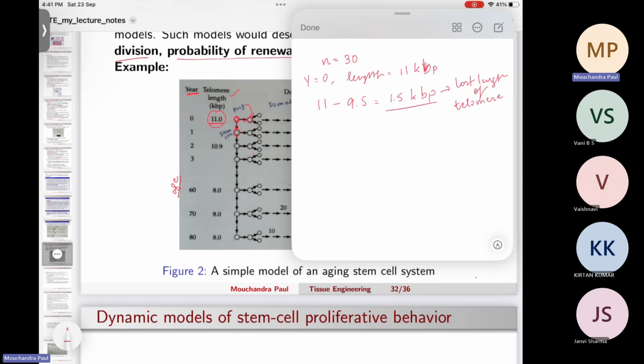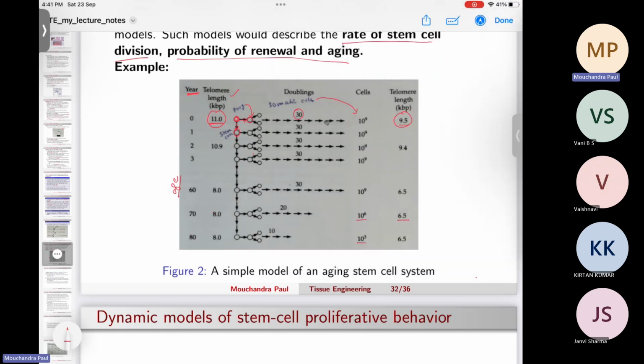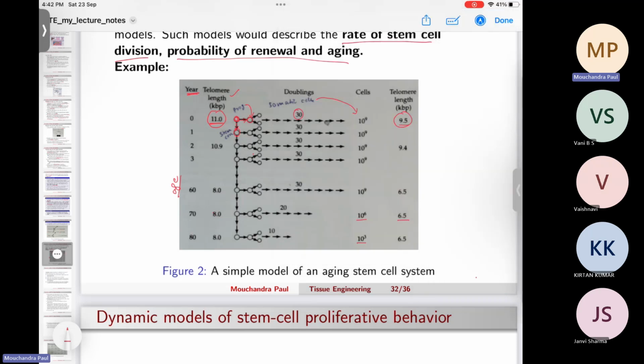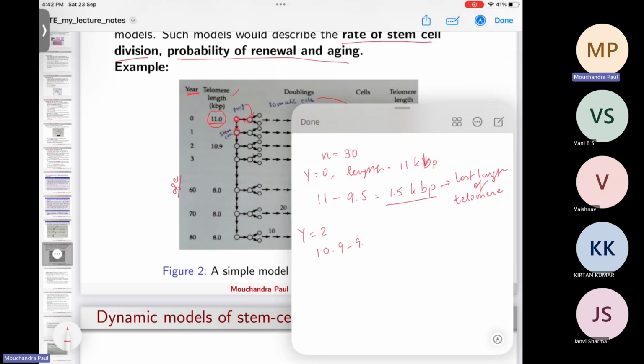Okay, similarly, given the data, you can do it for year 2 as well. This is for year 0, this is for year 2. 10.9 minus 9.4. So how much is the loss? 10.9 minus 9.4. Here also 1.5.